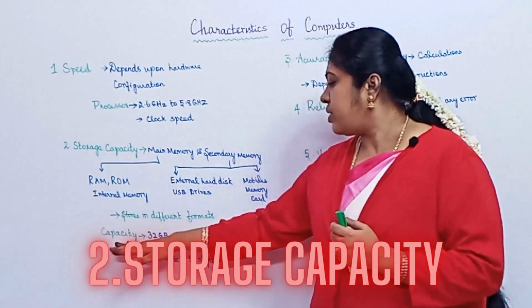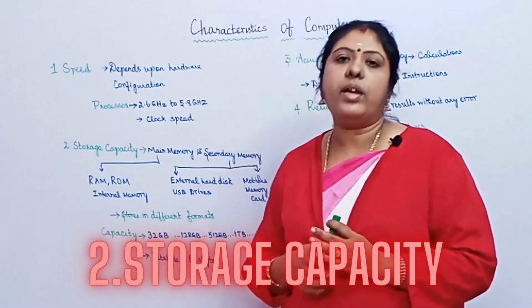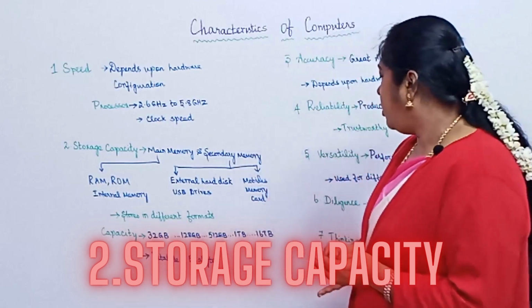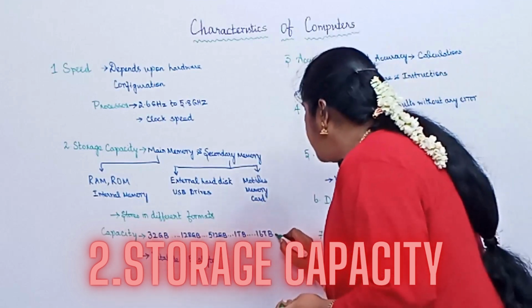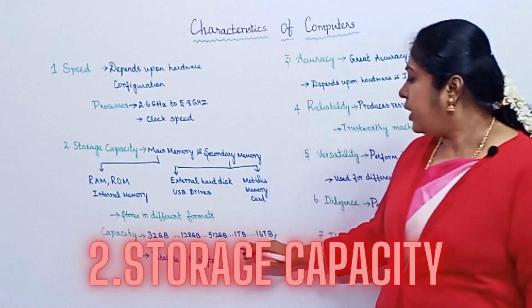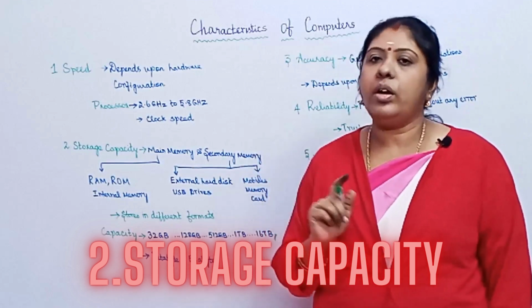And then next comes the capacity, that is, how much capacity a computer can have. It starts from 32 GB and goes up to 16 TB. The maximum has been set as 16 TB. That is, 1024 gigabytes is 1 terabyte.